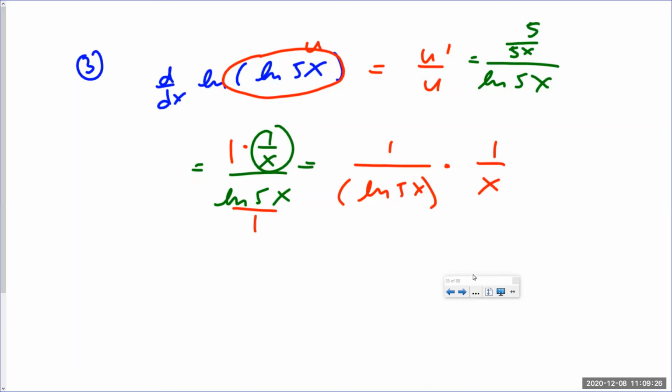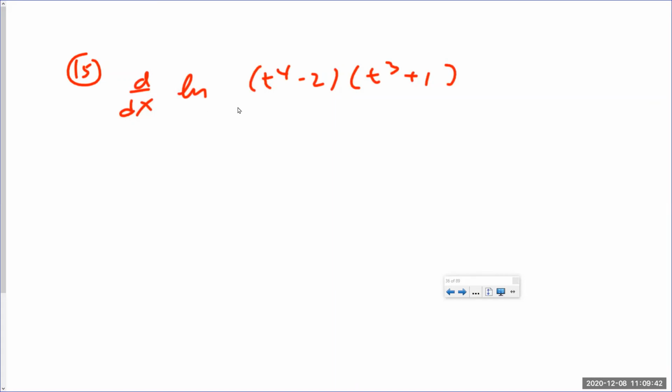Number 15. It has t's in it. I don't really like that. A lot of times I'll change my t's to x's, but it's fine. You've got t^4 minus 2, t^3 plus 1, and you want to take the derivative of this, right? Do you see when I take the derivative of this, this is product rule. There's nothing wrong with product rule, okay?